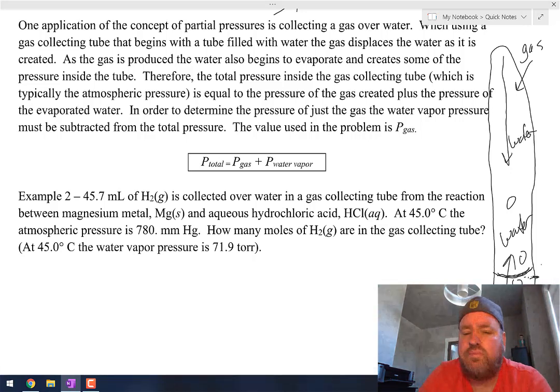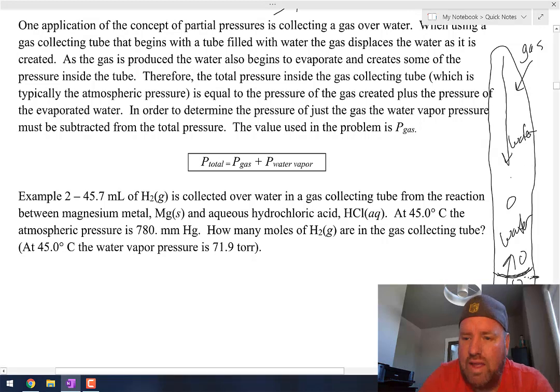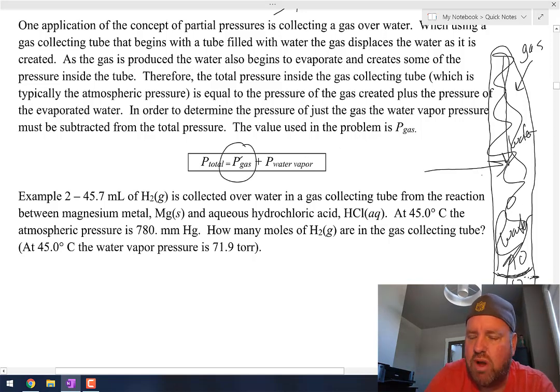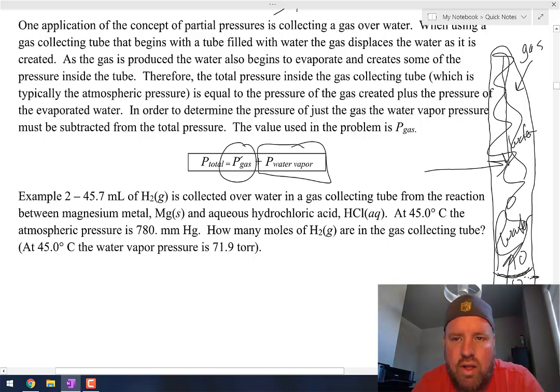Okay, now when you do that, yes, all of this space up here is filled with gas, but the gas is going to be, yes, some of the butane that you let in there, but remember that water also evaporates to a small extent. So a very small amount, but some of that space up there will be water as well.